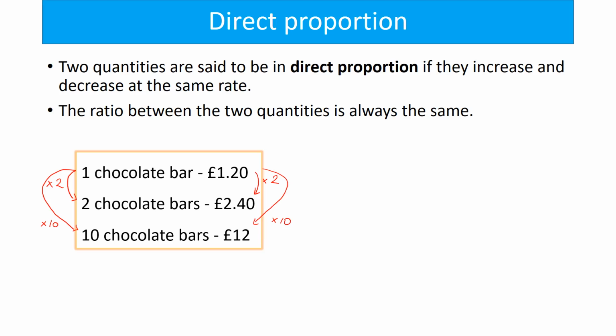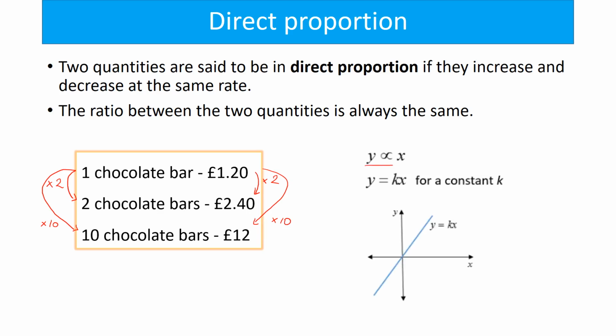Now this time we're going to look at how to solve some direct proportion problems using a slightly different method. This is a little bit more advanced method that will allow us to solve problems that are a little bit more complex. We're going to use this type of statement.